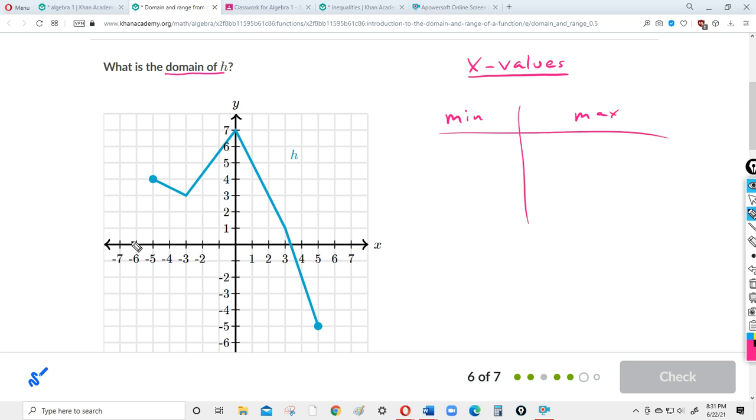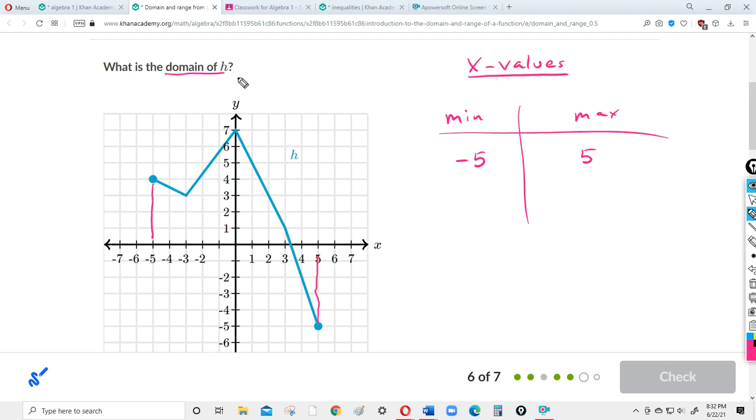The one furthest to the left will be the minimum. So this one right here is furthest to the left, and the x value for that is -5. And for the maximum, that's going to the right. That would be this point right here. You look at the x value, that's +5.